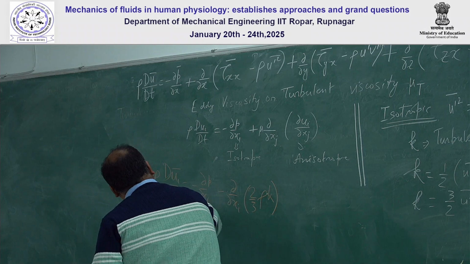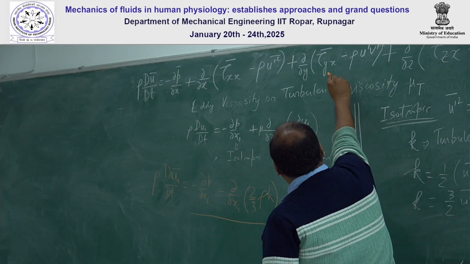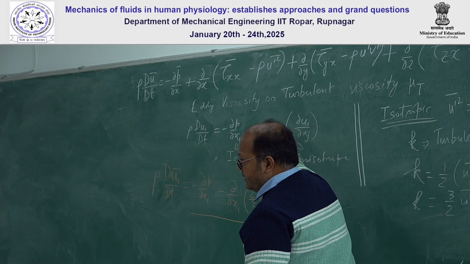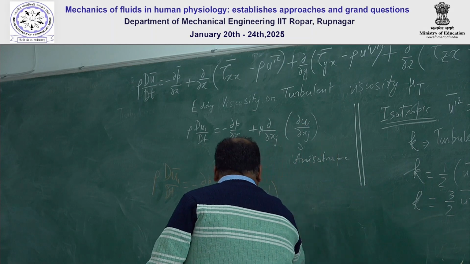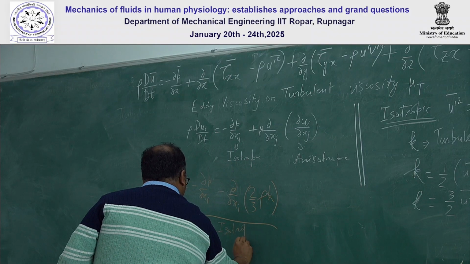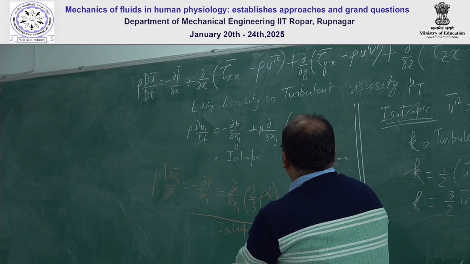So this part will be the isotropic part, and we have seen that when we have broken down the tau yx, we will be writing like this, right? So this is the isotropic part, plus this one we said is asymmetric.